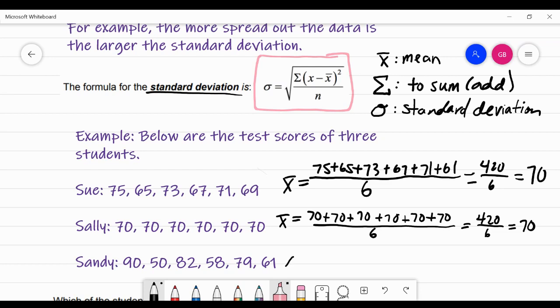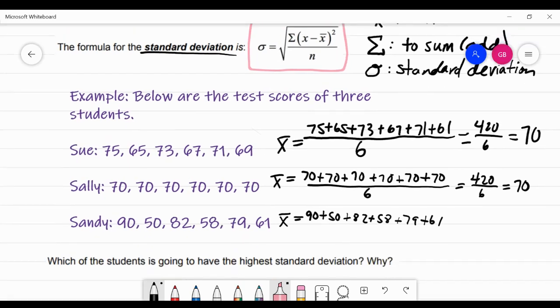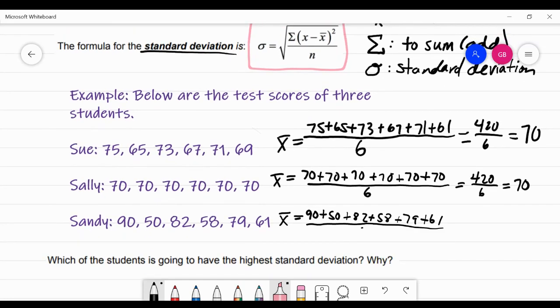And then finally for Sandy, let's add these numbers up. So all these numbers also add up to 420. Divide that by 6 and you get 70. So Sue, Sally, and Sandy, the three students, have an average score of 70.